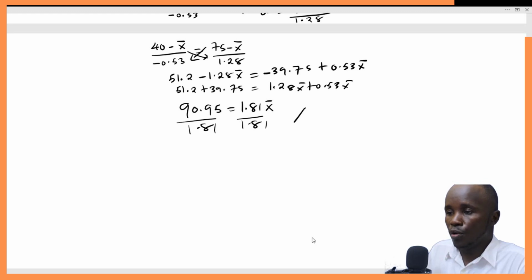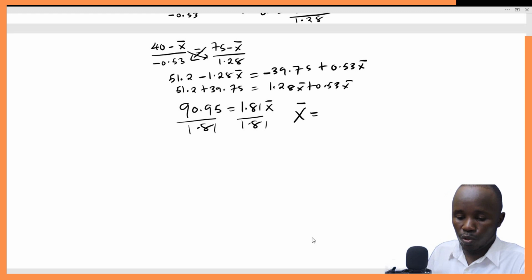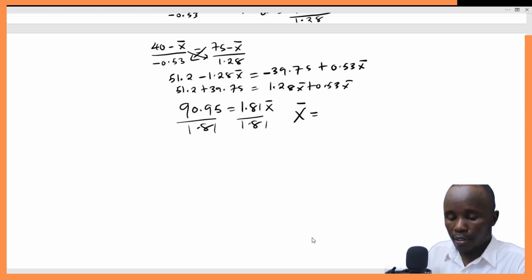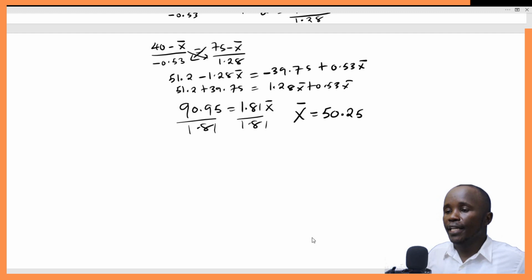So our x bar is equal to 90.95 divided by 1.81. That is going to give us 50.25. Good.